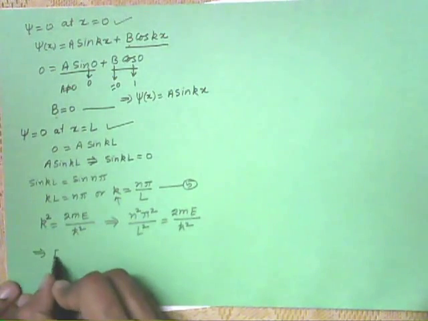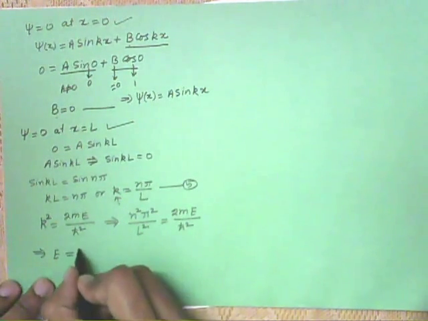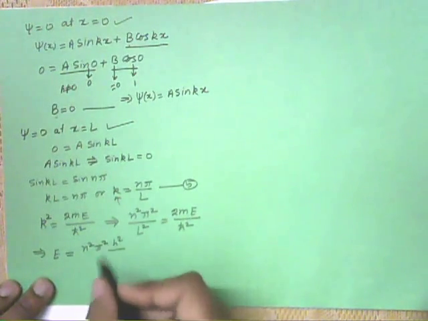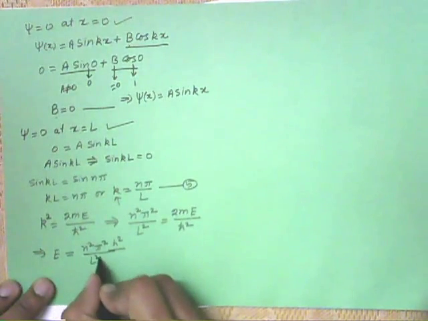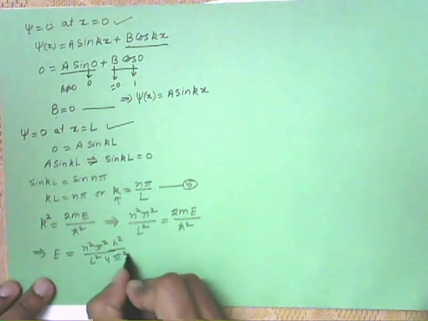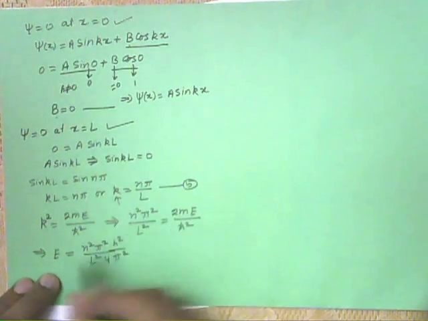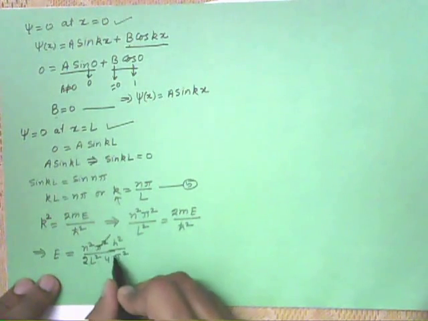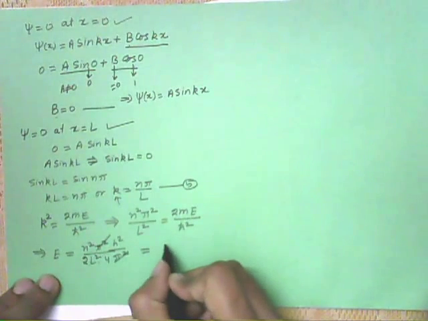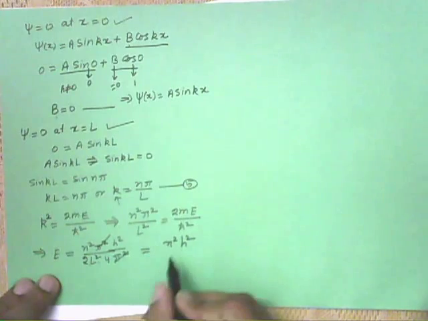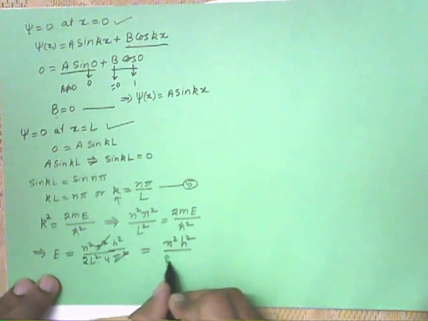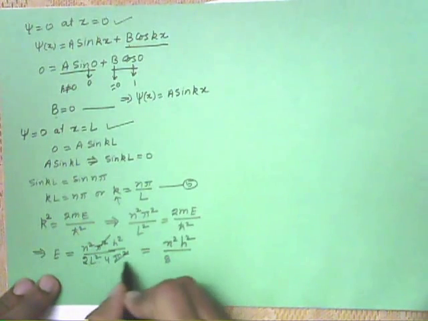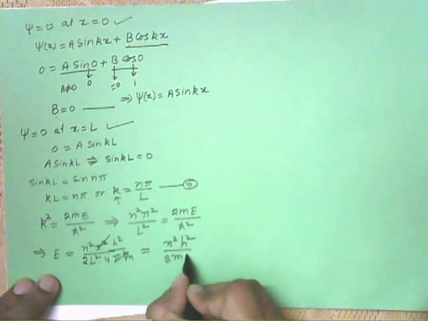So E is equal to n square pi square h square upon 4 pi square L square, times 2m. The 4 pi square cancels out, so you are getting n square h square upon 8m L square.